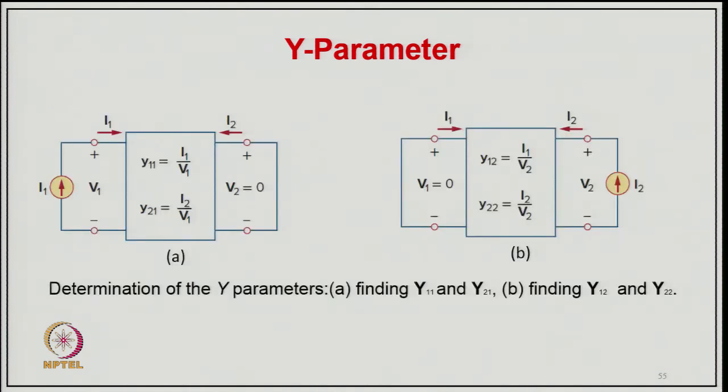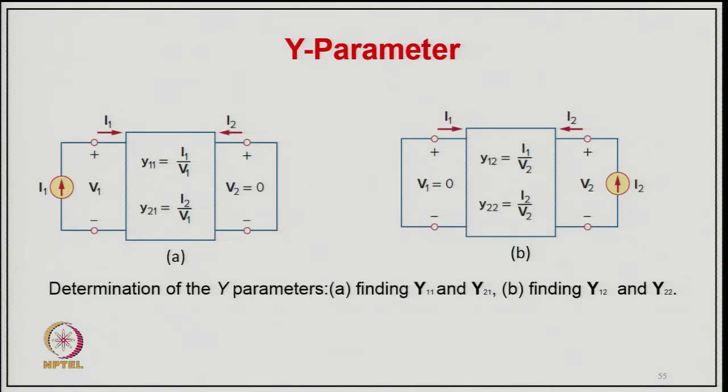We can define the admittance parameters in the same manner, by applying a voltage source on the input side and keeping the secondary shorted. Y11 equals I1 divided by V1, as voltage V1 is applied here, and Y21 equals I2 divided by V1, the current flowing into the short-circuited path. Similarly, applying the source on terminal 2 and shorting terminal 1, we define Y12 as I1 upon V2 and Y22 as I2 upon V2.